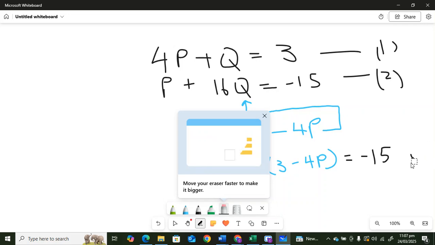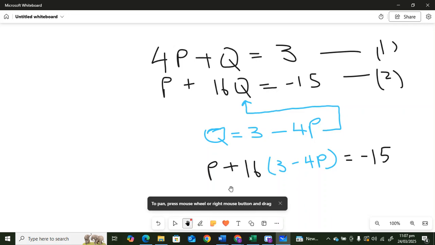But yeah, we've just put this new equation we got for Q into equation 2.